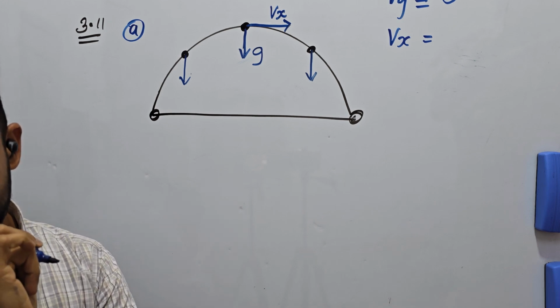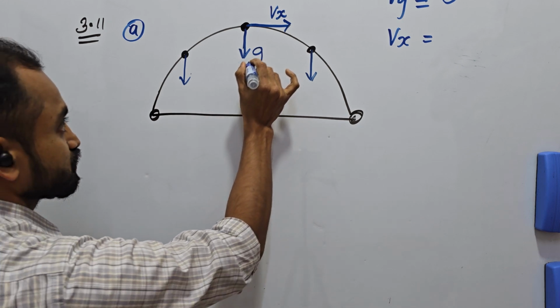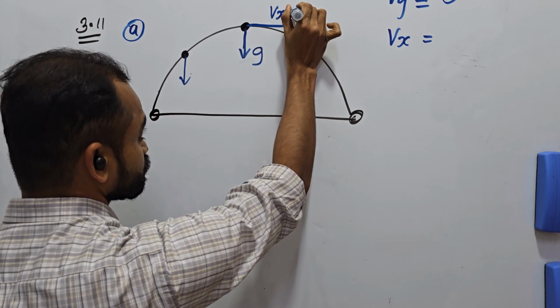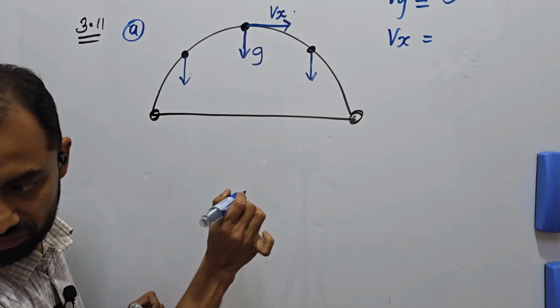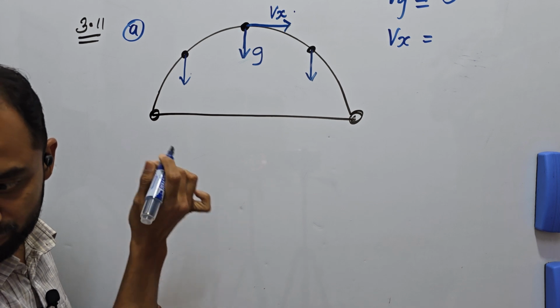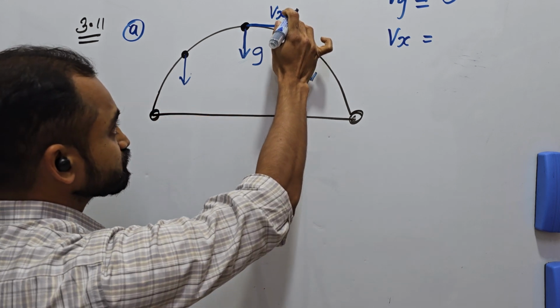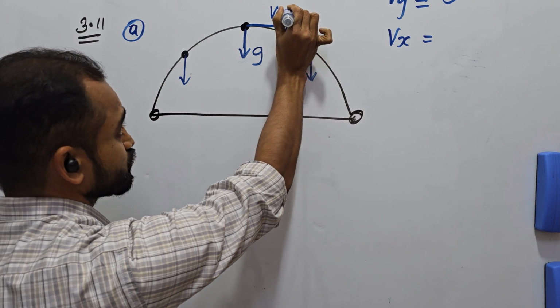Why didn't we choose D? Because velocity is not 0. D says 0 and vertical downward, right? Velocity cannot be 0 because it is moving.